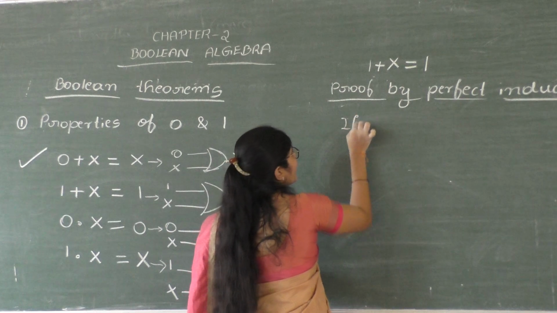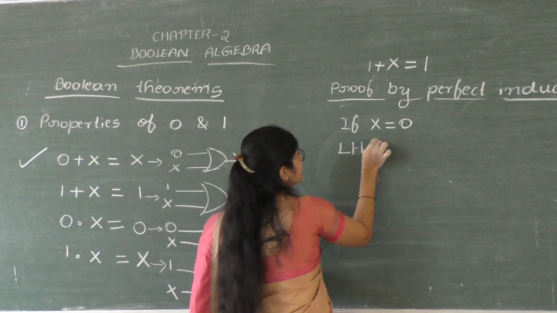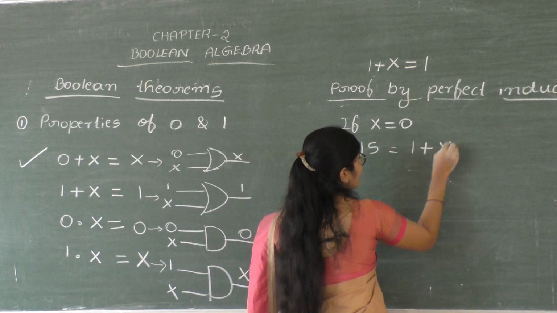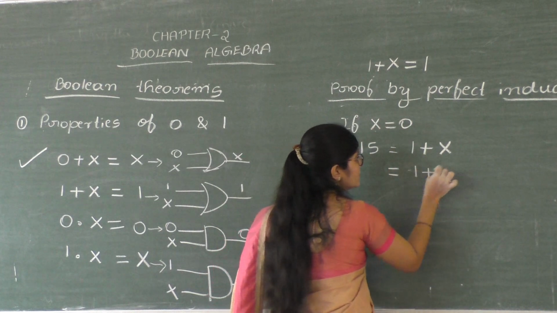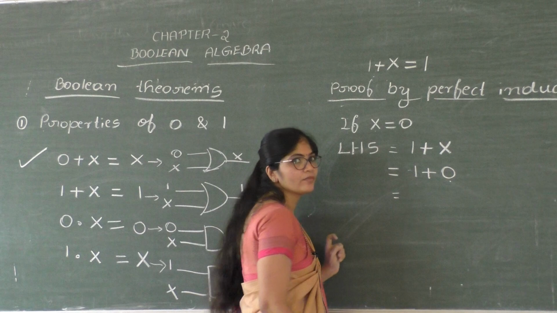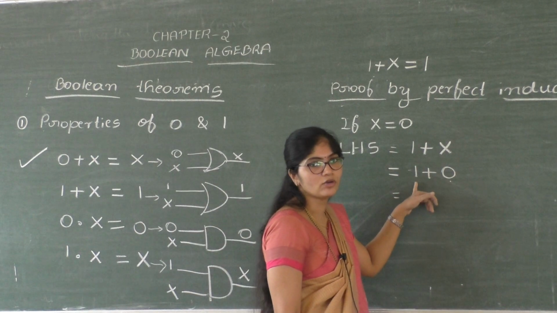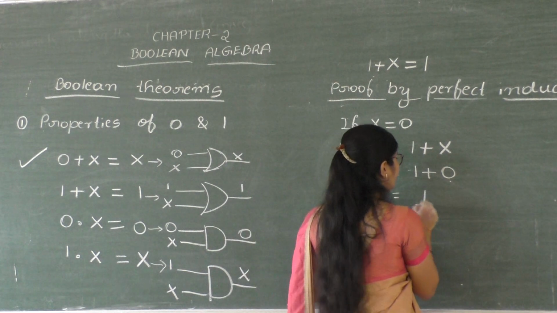If x equal to 0, LHS is equal to 1 plus x. Now substitute x with 0, 1 plus 0. What is 1 plus 0? According to OR relation, if one of the input variables is 1, output is 1.